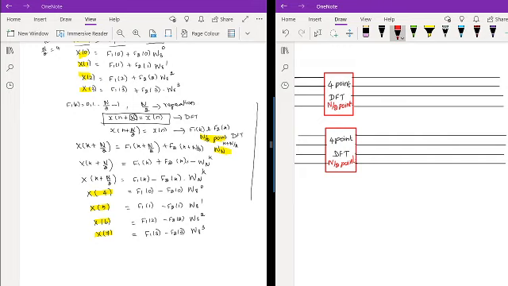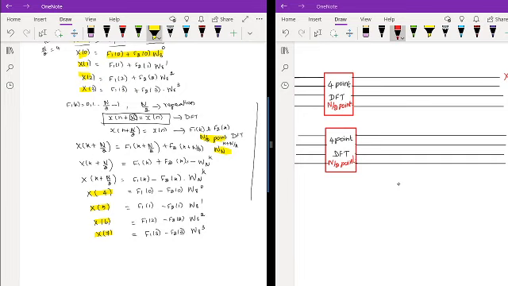Now we are going to calculate x of 0. So this x of 0, from this representation, is f1 of 0 plus f2 of 0 multiplied with w8 power 0. So first I am representing the two 4 points in this diagram.